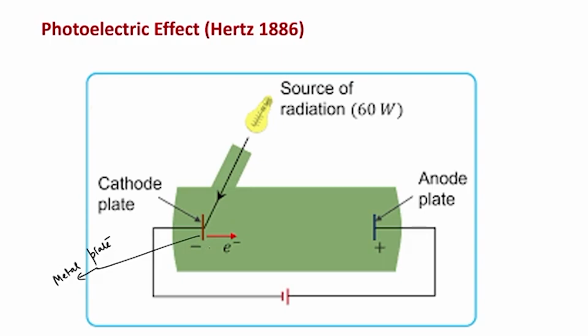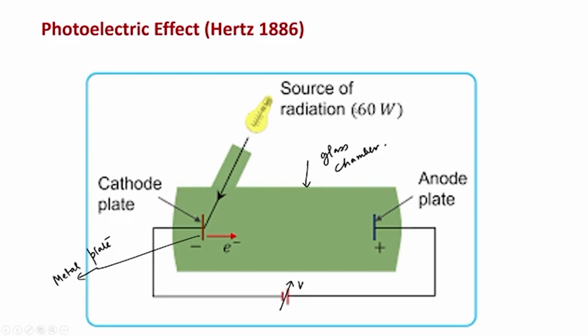An electron is ejected from the metal plate and moves towards the anode, and there is a variable voltage source here, and this is like a glass chamber. And this was done by Hertz in 1886.